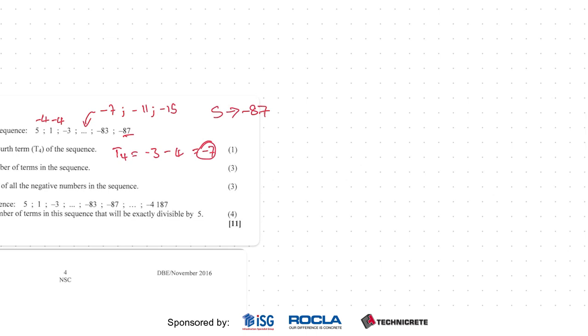The more robust way of approaching this is to use our formula: the nth term Tn is equal to the first term plus (n minus 1) multiplied by the change. Let's plug in some values.